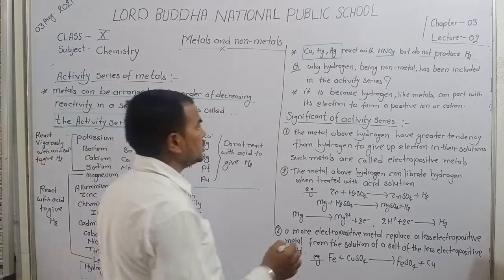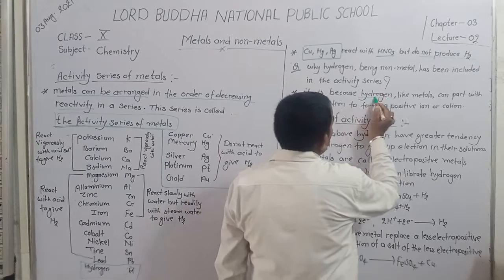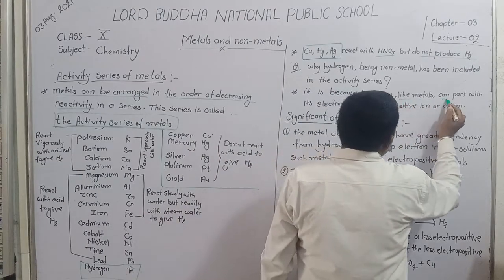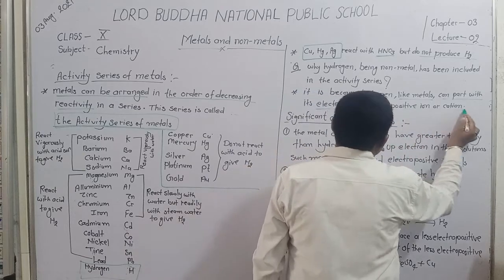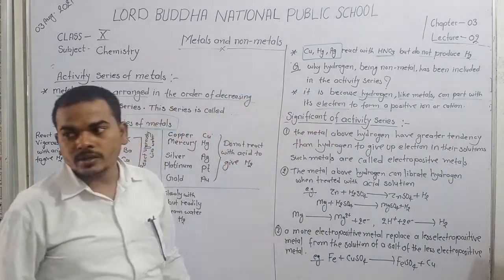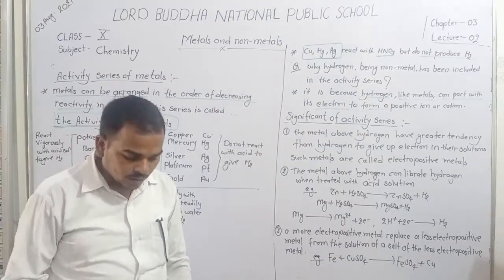The answer is because hydrogen, like metals, can part with its electron to form a positive charge, or cations.